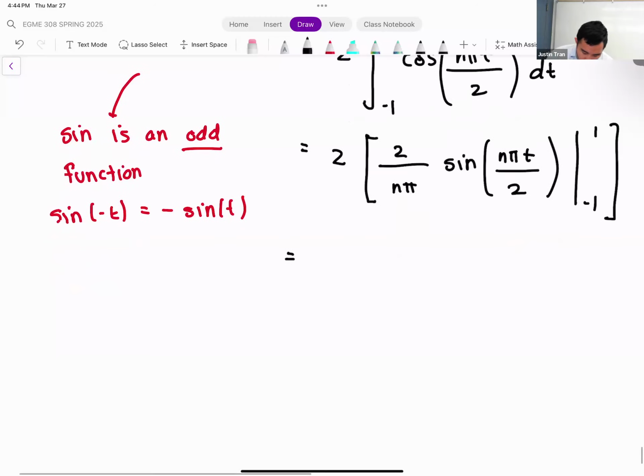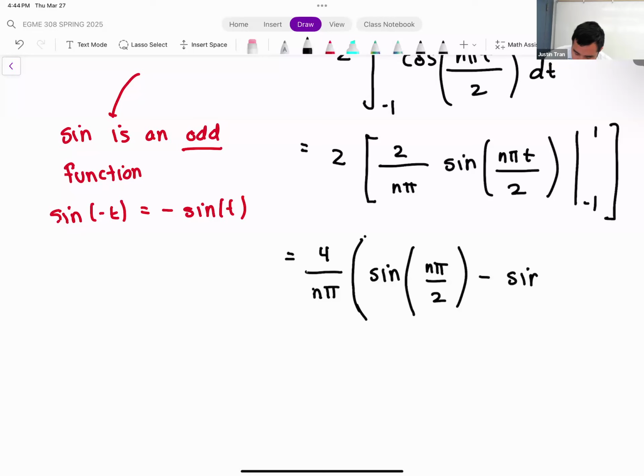All right. So when we have this, we have 4 over n pi. I just took the two 2's and multiplied them by each other. And then we have sine of n pi over 2 minus sine of minus n pi over 2.